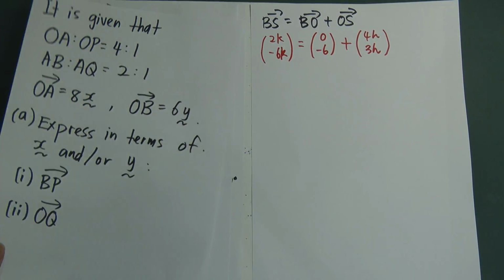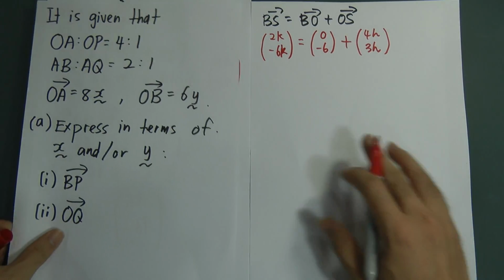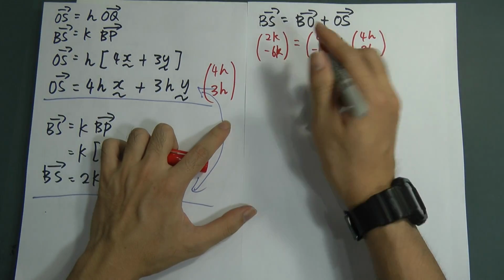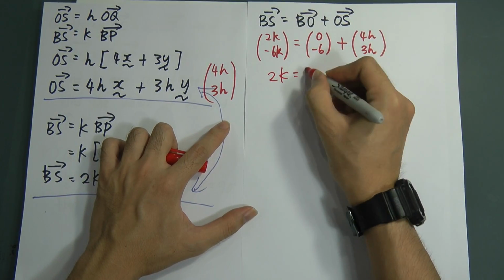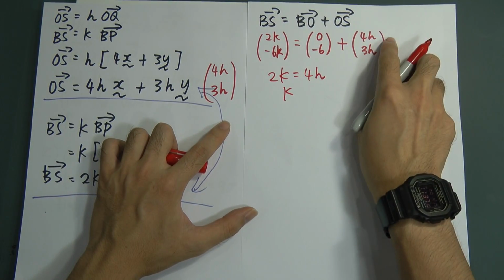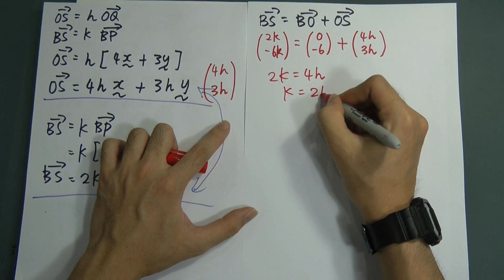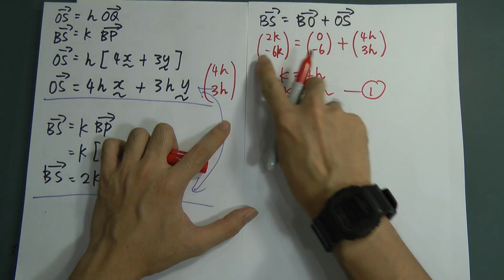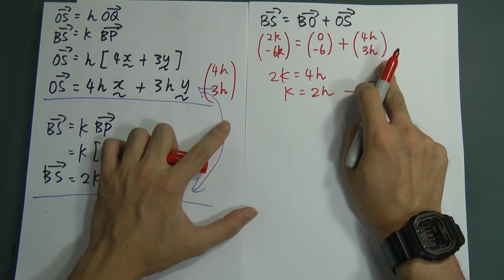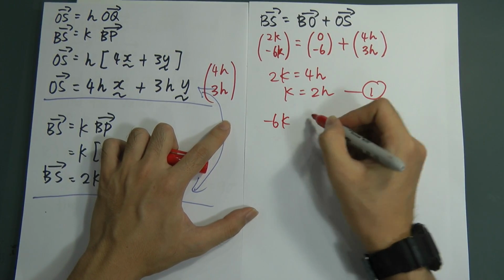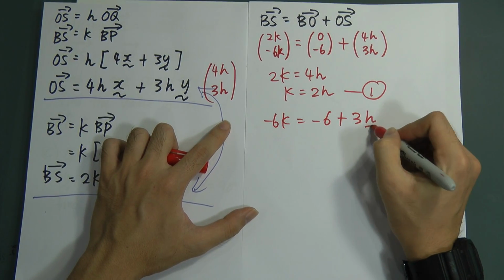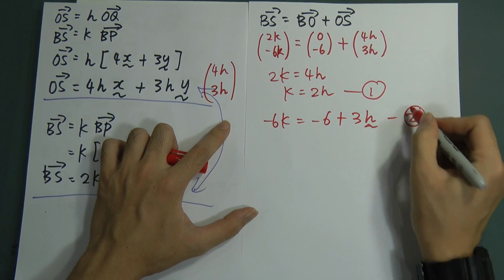Then you can solve this using simultaneous equations. The first is 2k equal to 4h, so k equals 2h. That's the first equation. The second one is negative 6k equal to negative 6 plus 3h. This is number 2.